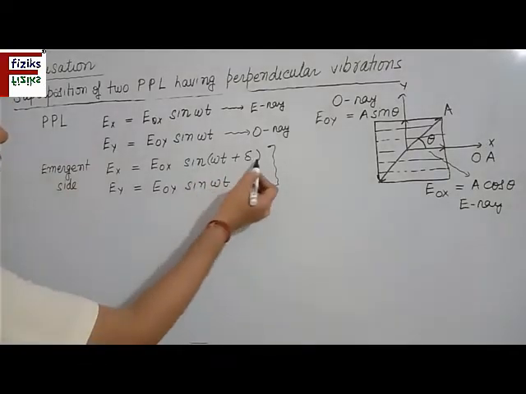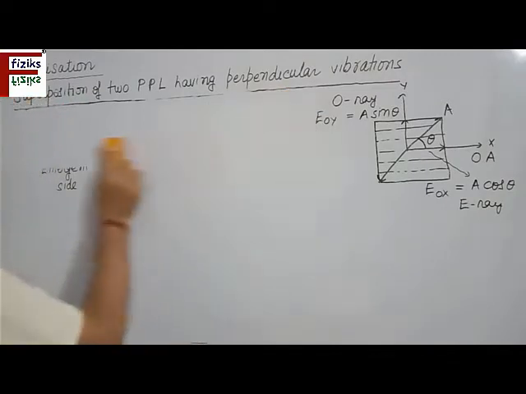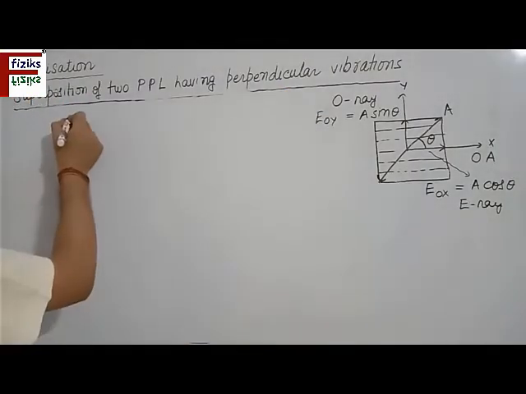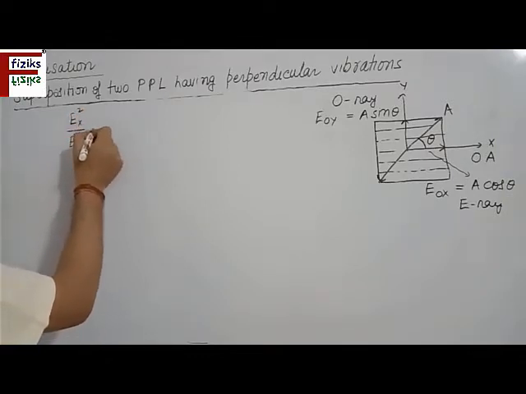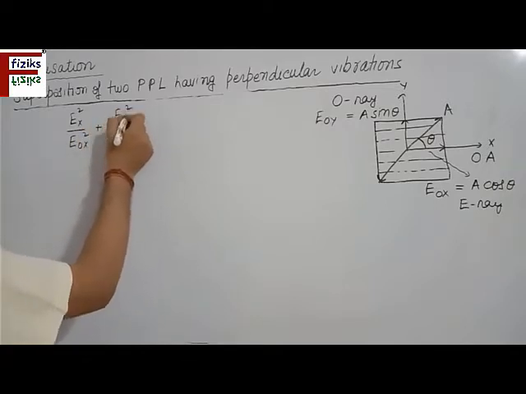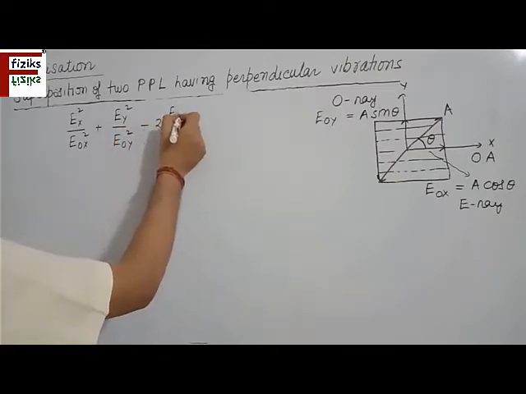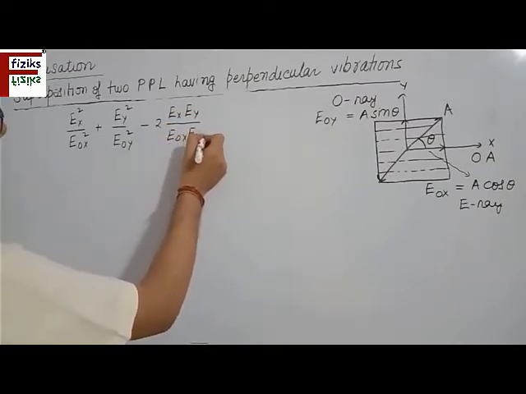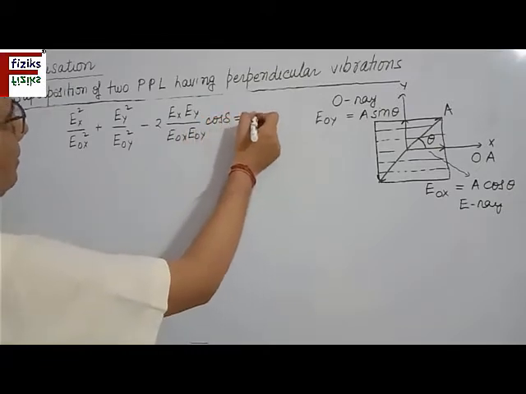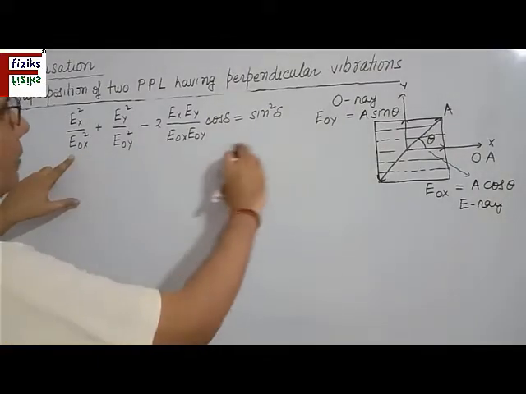So for this I have opened this bracket, we have combined these two Ex and Ey, and we find an equation which can be written as Ex square upon E naught x square plus Ey square upon E naught y square minus 2 times Ex Ey upon E naught x E naught y cos delta, and this will be equal to sin square delta. So basically this is the equation of an ellipse.